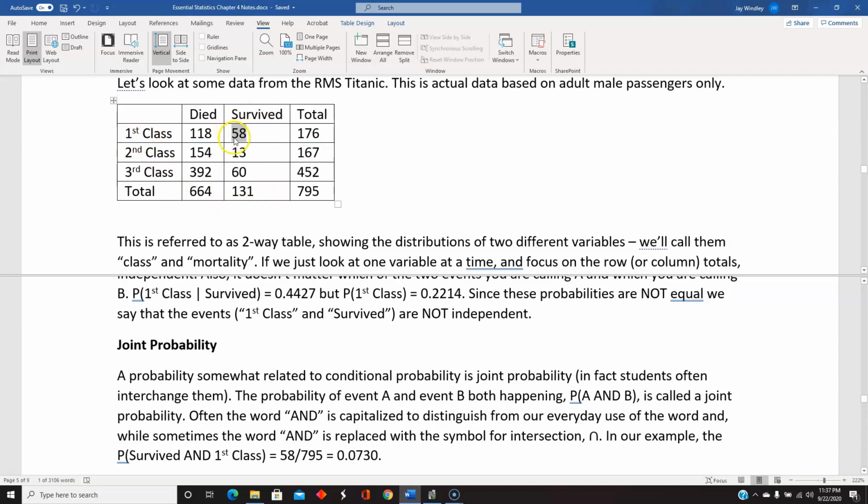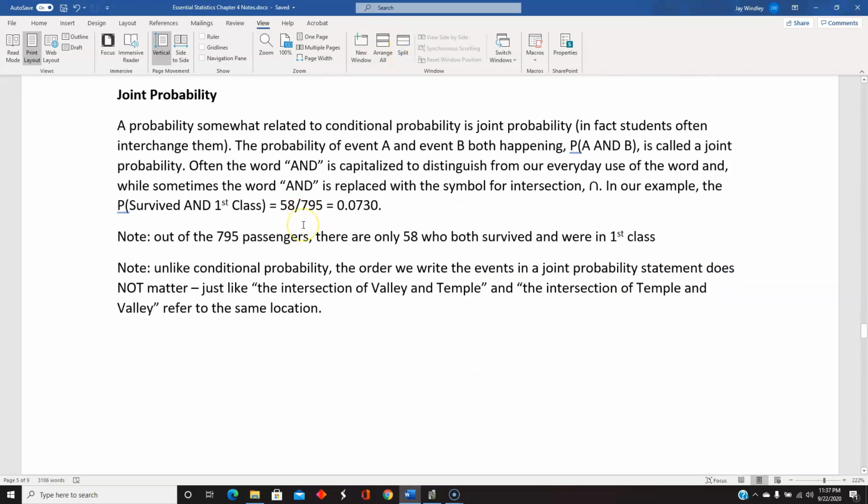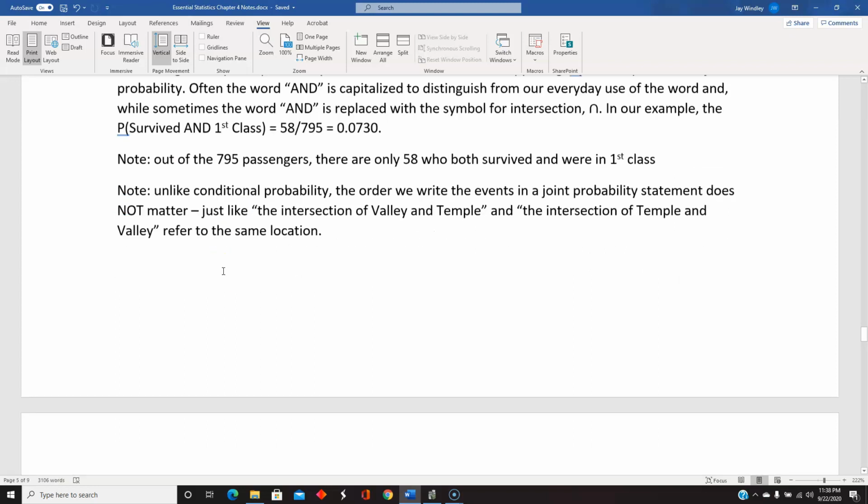There's only 58 people that meet that criteria out of the 795 people. Unlike the conditional probability, it does not matter what order we write these events in for an and or for a joint probability statement. Just like saying near our college, the intersection of Valley and Temple is the same thing as the intersection of Temple and Valley.